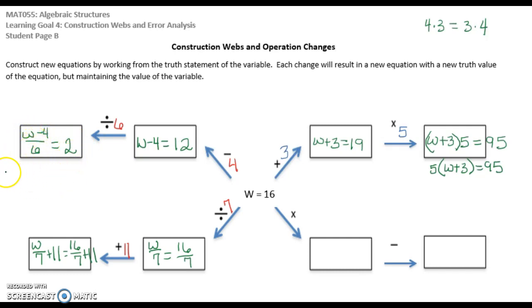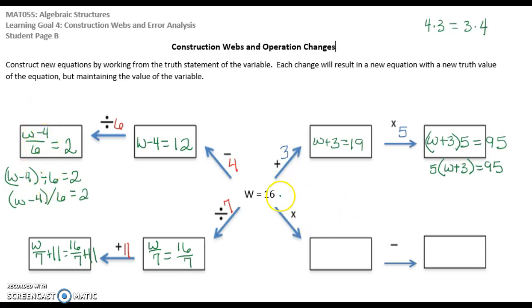Now with this one, you could write w minus 4 in parentheses divided by 6 equals 2. You could also write w minus 4 slash 6 equals 2, but remember the difference is happening first, so you've got to keep it in parentheses, and then you show the division. This is probably the cleanest way, but there are those options as well.